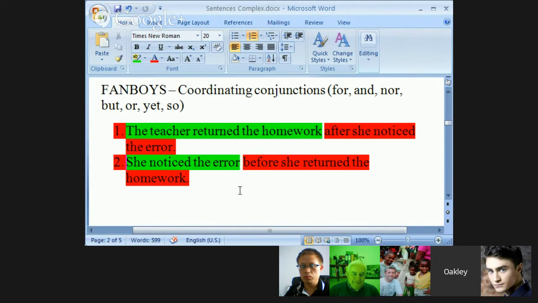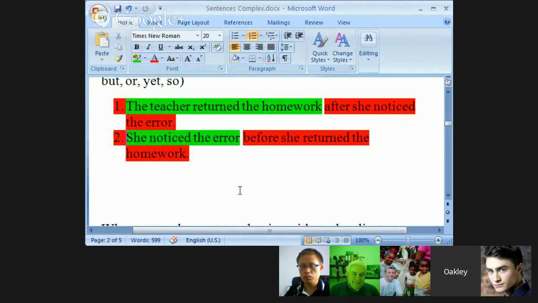So, the teacher returned the homework after she noticed the error. She noticed the error before she returned the homework. But what is important for you? That she noticed the error, or the teacher returned the homework? Which is the more important action? That the teacher returned the homework, I think, no?